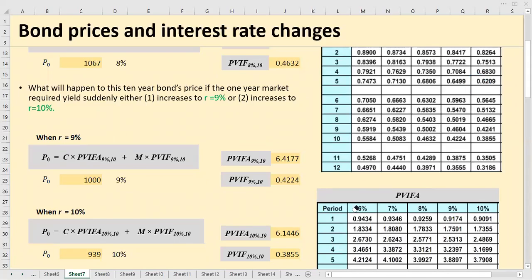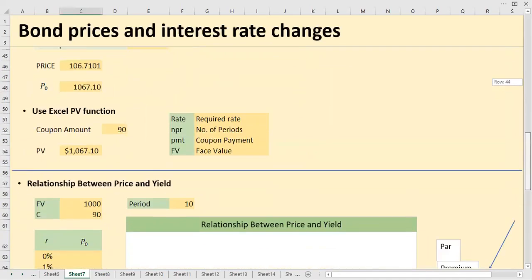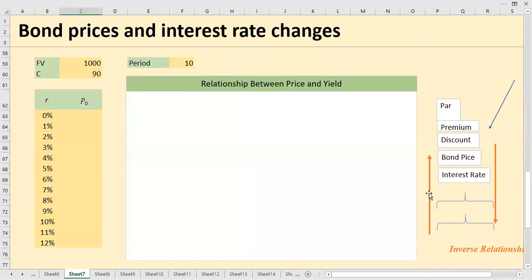So let me calculate these values for a series of required rates of return, and we can then show those values in a graph, so you can understand the relationship very well. So I'm going to calculate the bond value for a series of required rates of return.